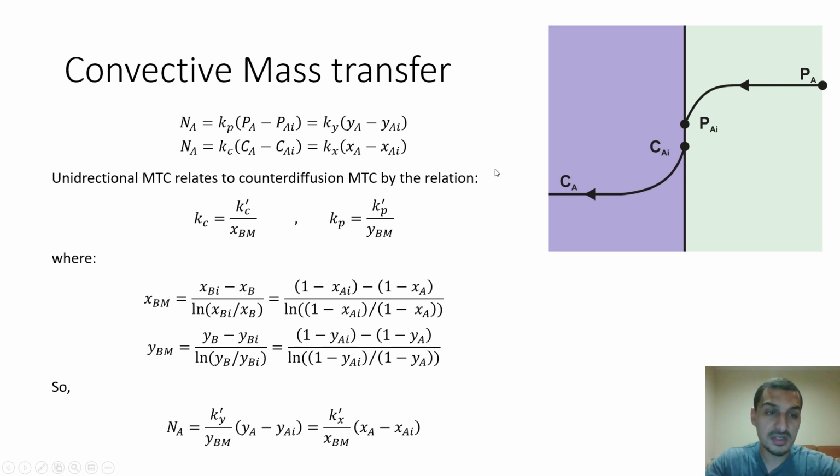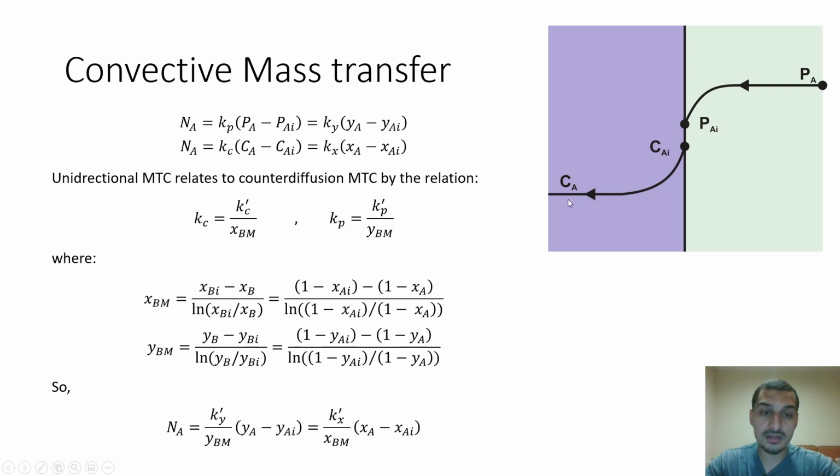We assume that the component that's diffusing is called component A, and the other component that's stagnant, not diffusing, is called component B. This is the xbm, which is the logarithmic mean of the concentration of component B in the liquid phase. It's going to be xA interface and xA at the bulk.